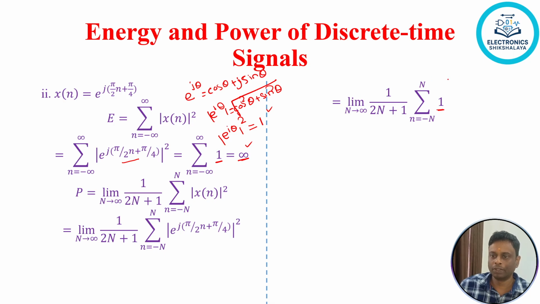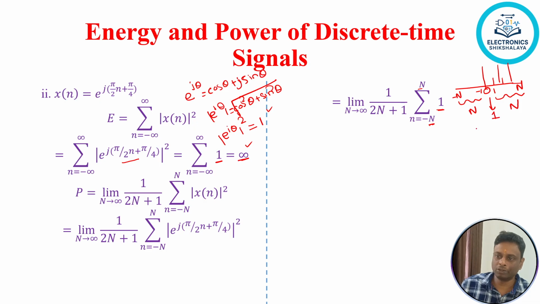So the summation runs from minus n to plus n. That is minus n to minus 1, then 1 to n, plus the one sample at 0. Summing 1 from 1 to n gives n, and similarly minus n to minus 1 gives n, and the sample at 0 gives 1. So the sum is 2n plus 1.